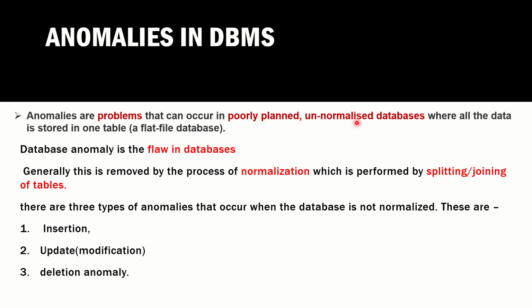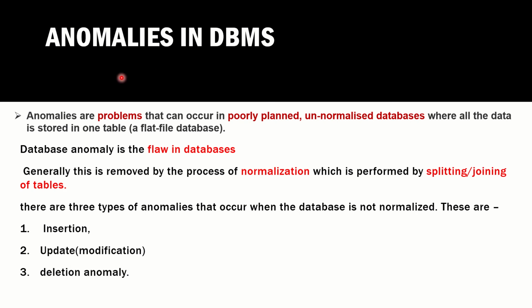That means suppose we are storing all the information regarding a particular database in a single table. So without planning, if you are creating such a table, or a flat database, that is, if we are storing all the data in a single table, that is called a flat database. In that case, this type of problem may arise. Okay.